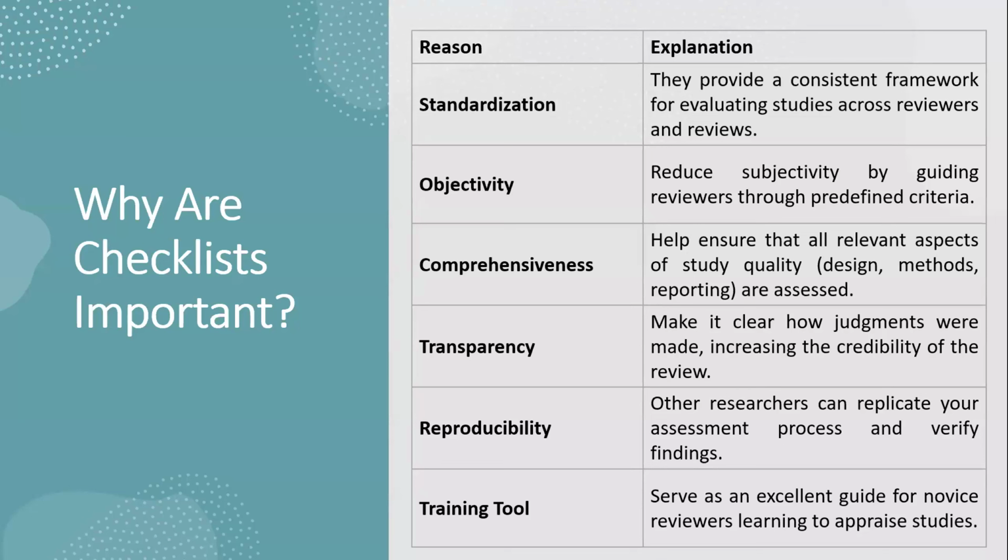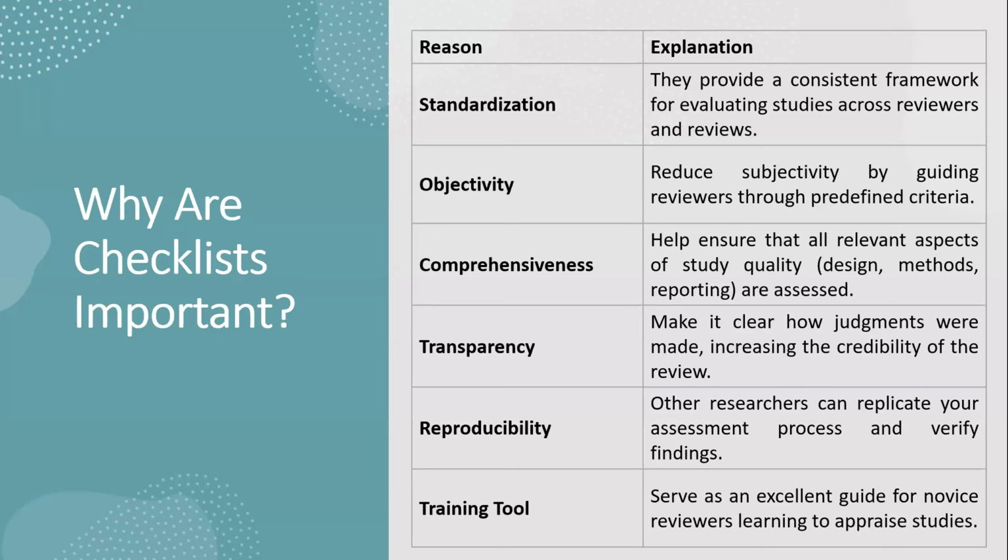Transparency: make it clear how judgments were made, increasing the credibility of the review. Suppose, like in screening, you include two reviewers, right? And independently they will screen the studies. Similarly, for the quality assessment, two reviewers have to independently assess the quality of the studies, and based on their judgment you will say the quality of the study is high or low.